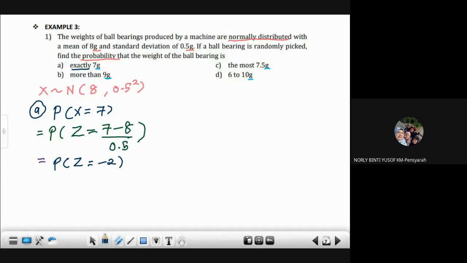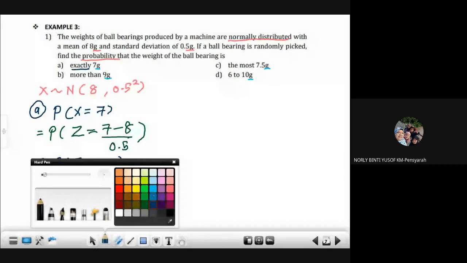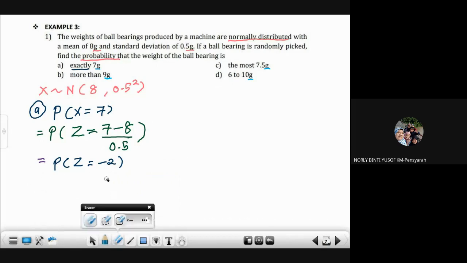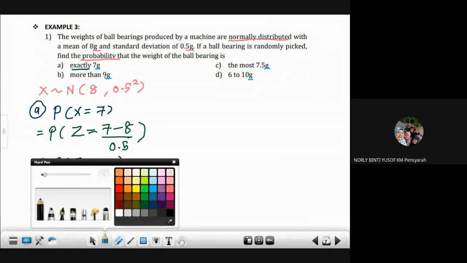But can you read the table for the symbol equivalent? Tak boleh kan? Kalau lesser tu boleh lah. Kalau dalam Poisson dengan normal, you boleh tukar lah kan. Sama dengan tu you baca based on number line of the discrete. Tapi sekarang ni dah jadi score Z. So untuk normal, kena hati-hati.